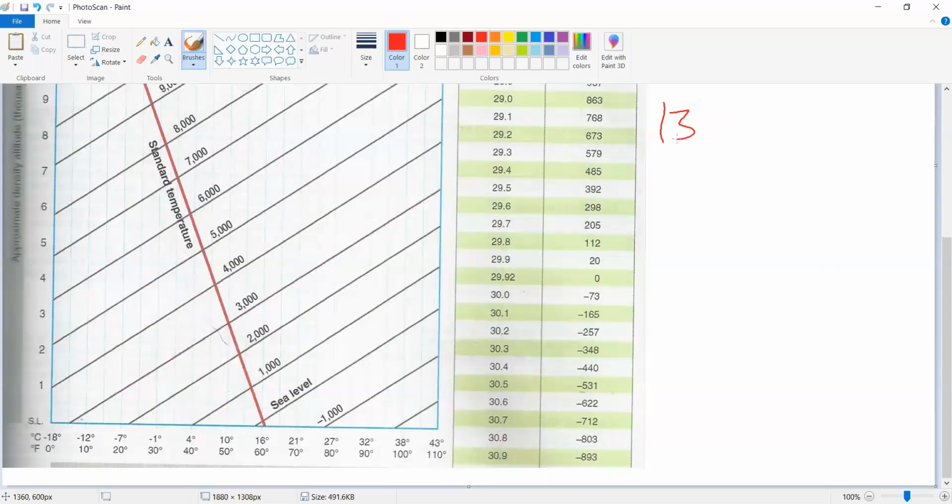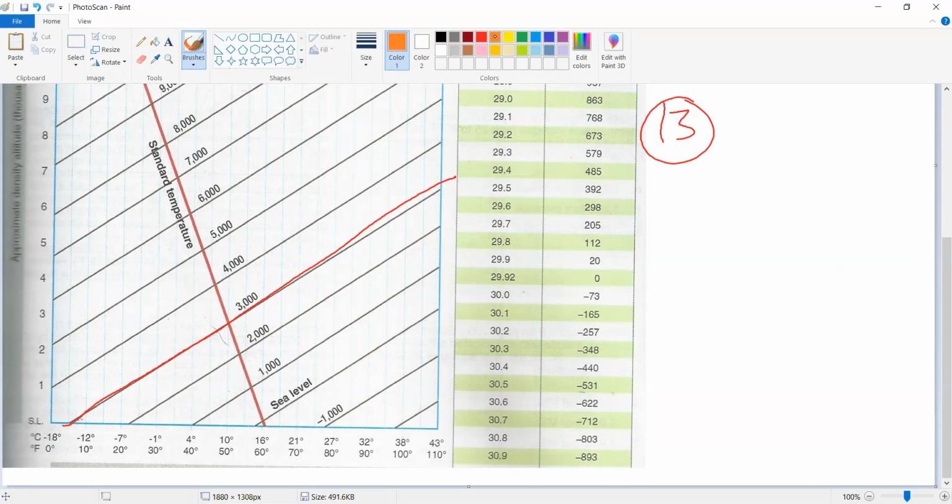13. What is the effect of temperature increase? Oh, we did, no, this is different. What is the effect of temperature increase from 35 to 50? On the same line, 3,000. So here's our 3,000. It's going to be the same.